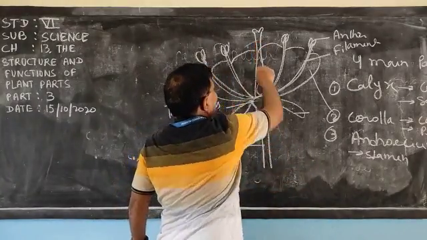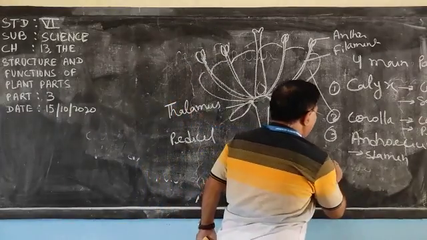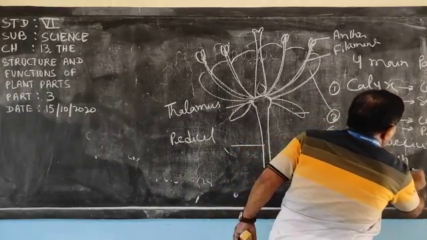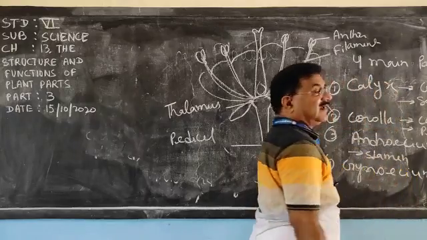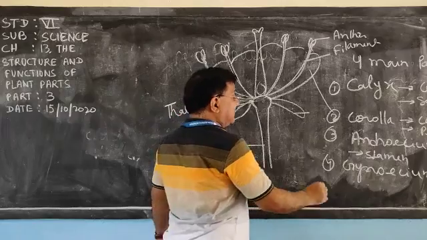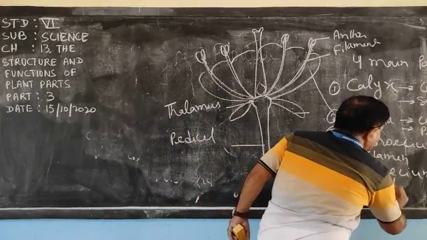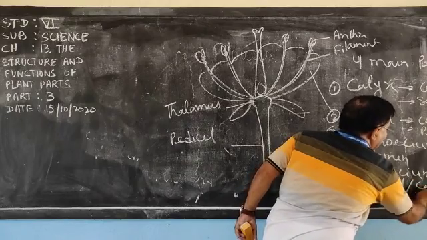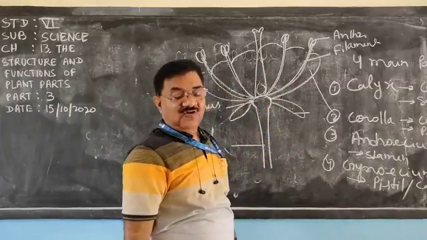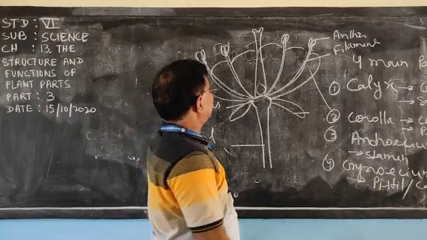And this part is the gynoecium, or the female part. The fourth part is the gynoecium, or the female part. One unit of the female part is called a pistil or carpel, and it has three parts.